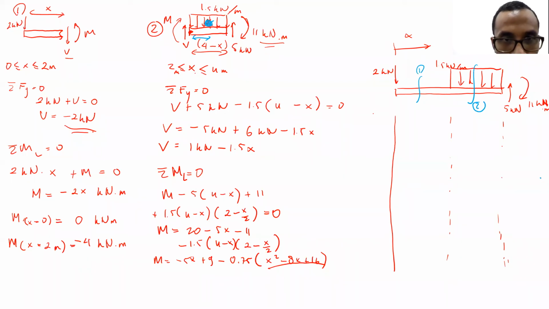When x equal to 4 meter, it's supposed to be minus 5 kilonewton.